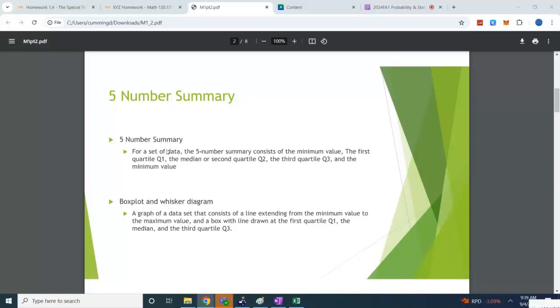Okay, so here's a 5-number summary, and it consists of finding the minimum or the smallest value of a data set or list of numbers. Also, the maximum value. Okay, so this should actually say minimum and maximum. So you should be able to find the smallest number in the data set, the largest number in the data set, and then we also have quartiles.